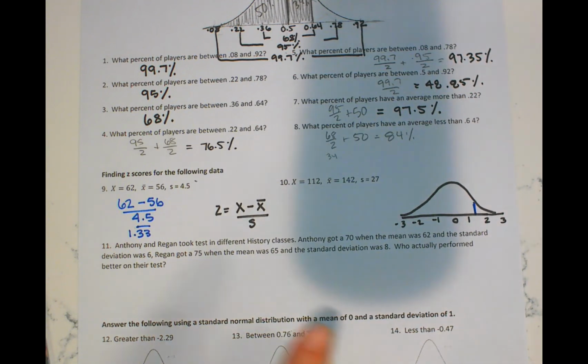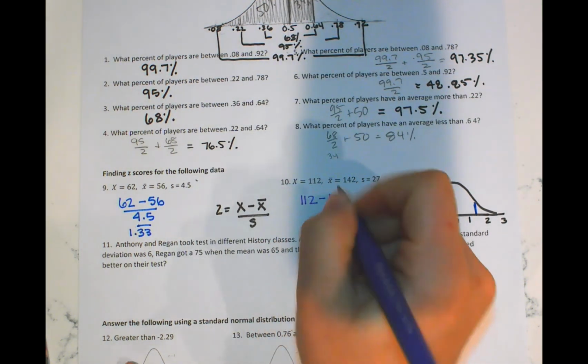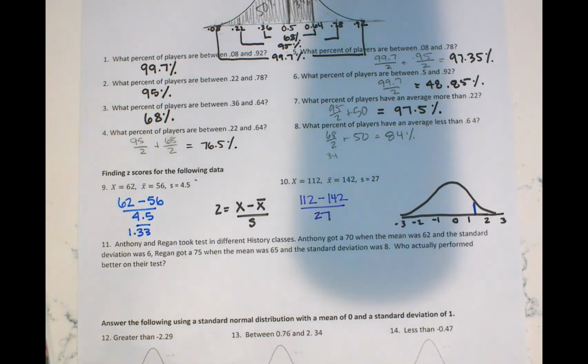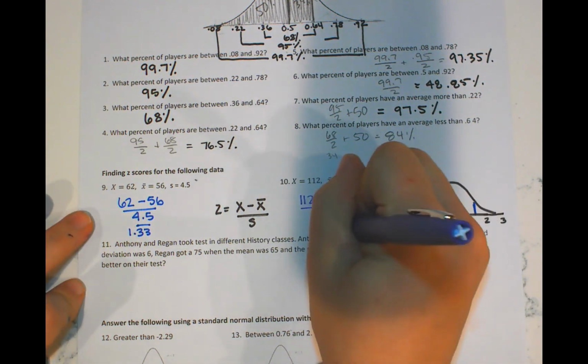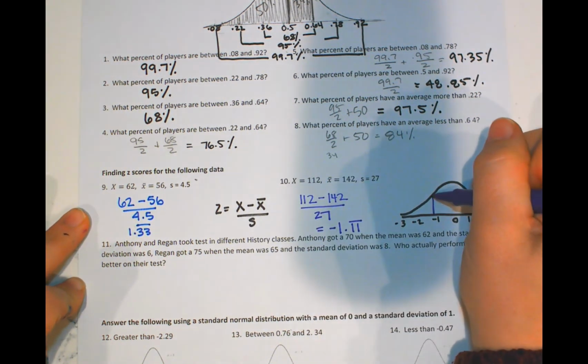So then if we look at our next one, same thing, we're finding the z-score. So I'll take my x value, subtract it from my mean, and divide it by my standard deviation. So 112 minus 142 divided by 27 would give me negative 1.1 repeating. So that would be on this side.